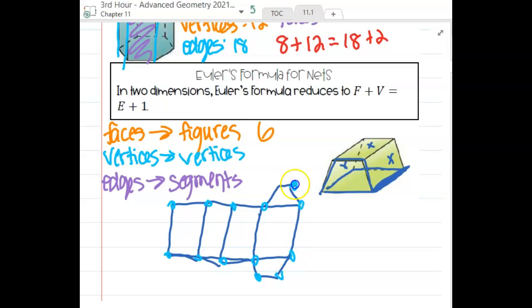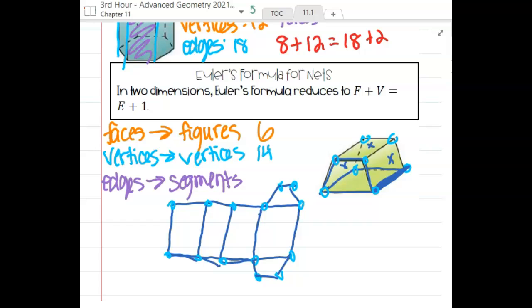All of these places where you have those segments meet are a vertex. And if we count all these up, we have 14 vertices. Notice, if you look at the figure, a lot less, right? Because the vertices here would be 1, 2, 3, 4, 5, 6, 7, 8. Only 8 of them.